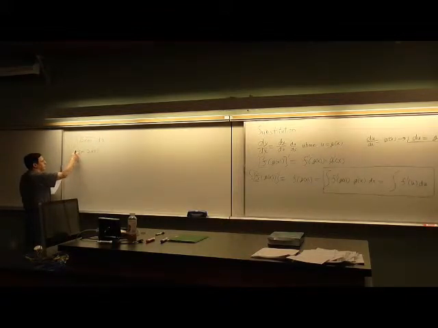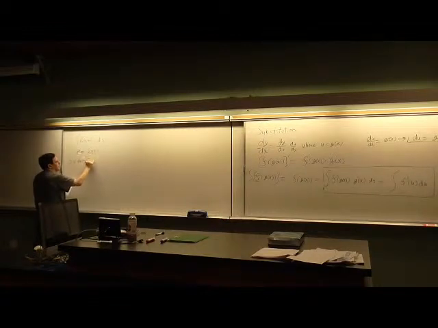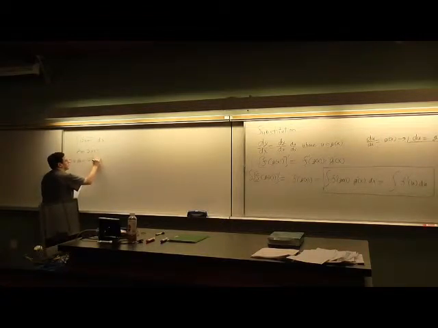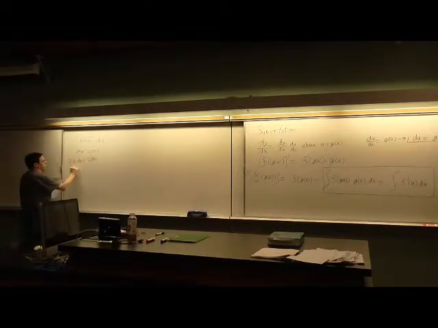The derivative of u squared is going to be 2u du, and this is going to be 2 dx. So this just becomes u du equals dx.